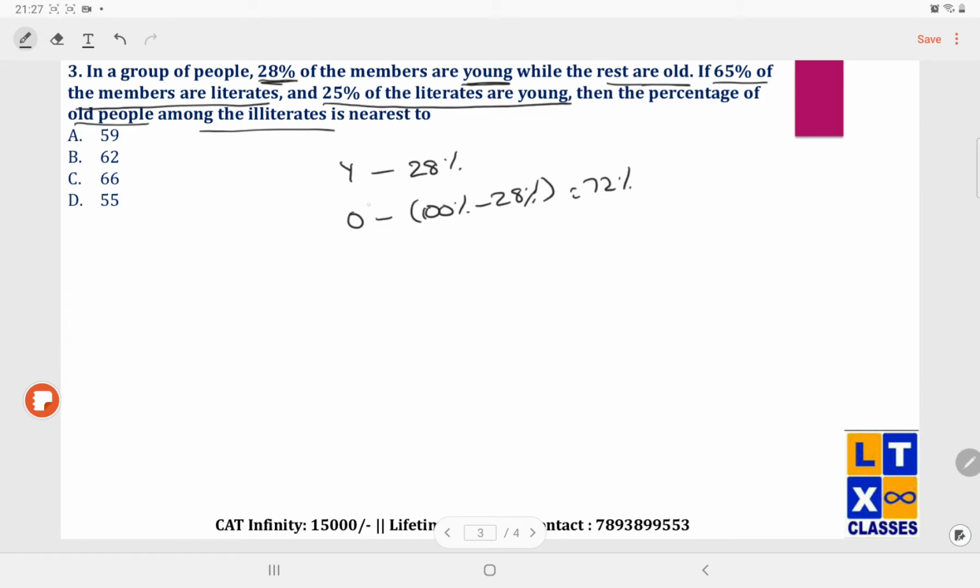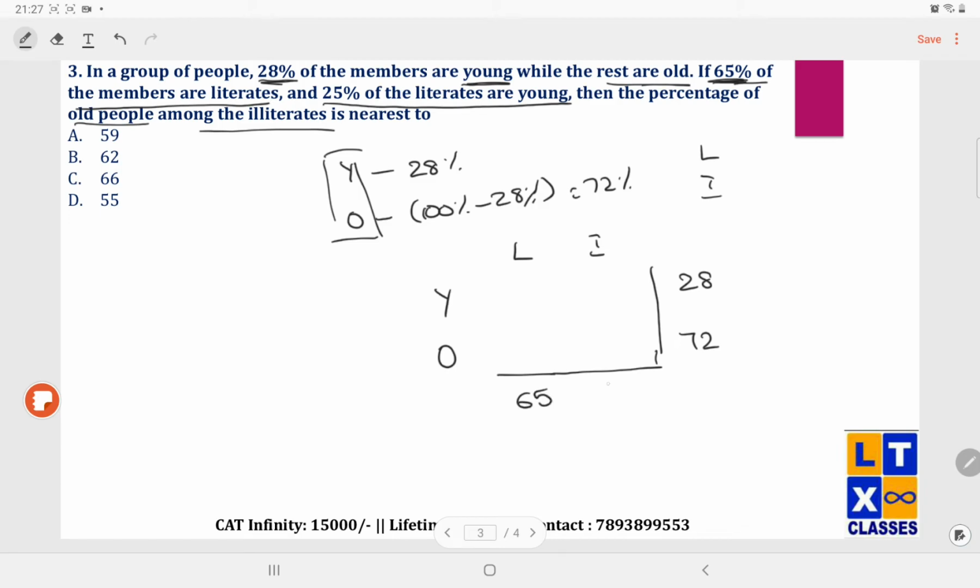Okay, there are two data sets that we have. One is young and old, and the other is literates and illiterates. So let us represent it in this form: young, old, literates, illiterates. We know the total young people are 28%, the total old people are 72%. We also know the total literates: 65% of the group is literates.